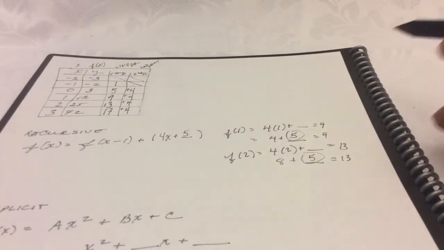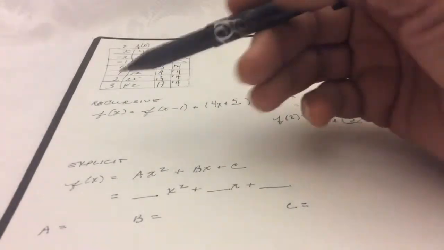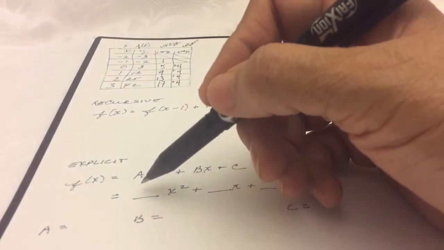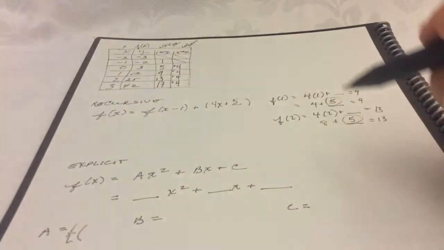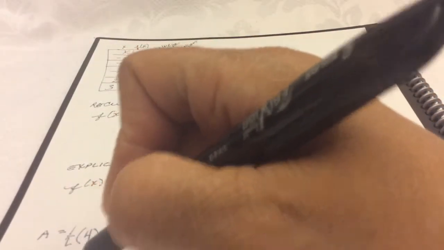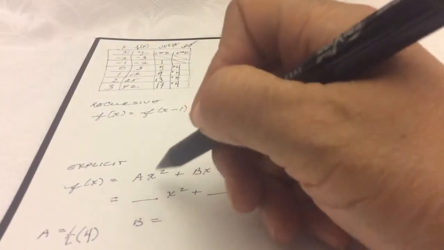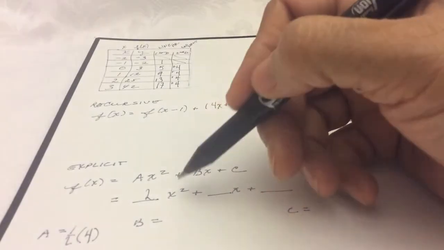Now, to get our explicit equation, we're going to use what we used before, 3 steps. To get our a value, it is going to be 1/2 of our second difference. And our second difference over here is 4, and 1/2 of 4 is going to give us 2. So I'm going to put a 2 right here where my a value goes.